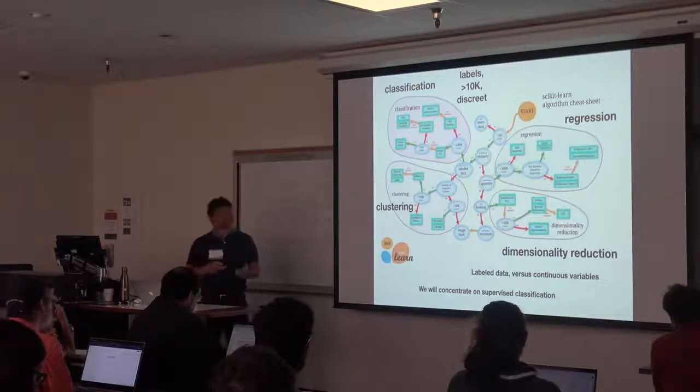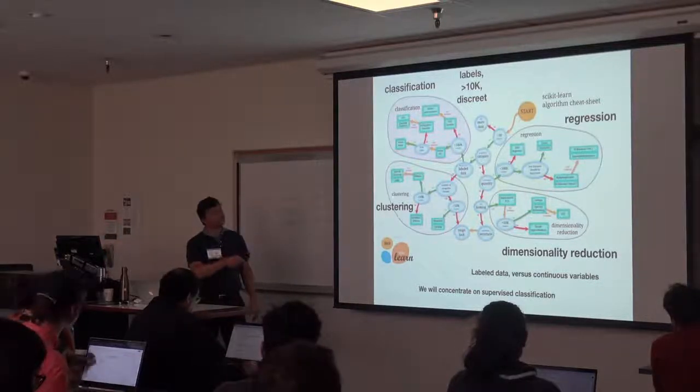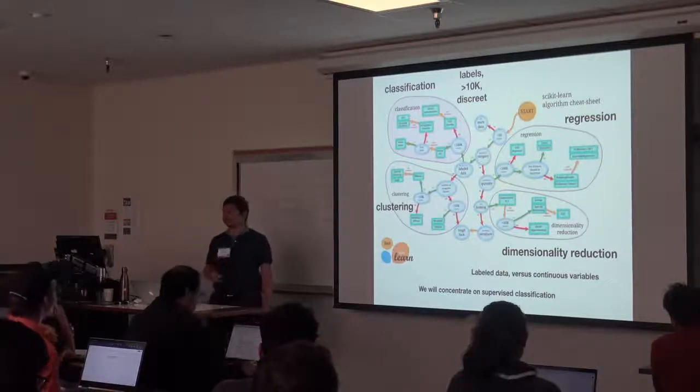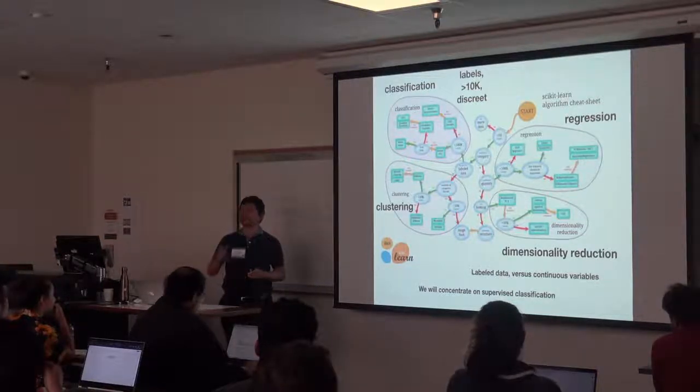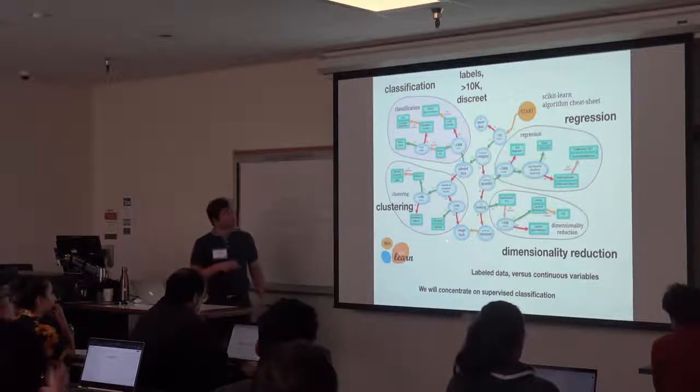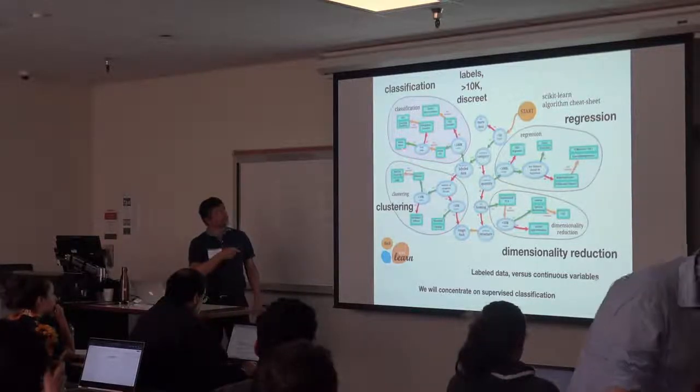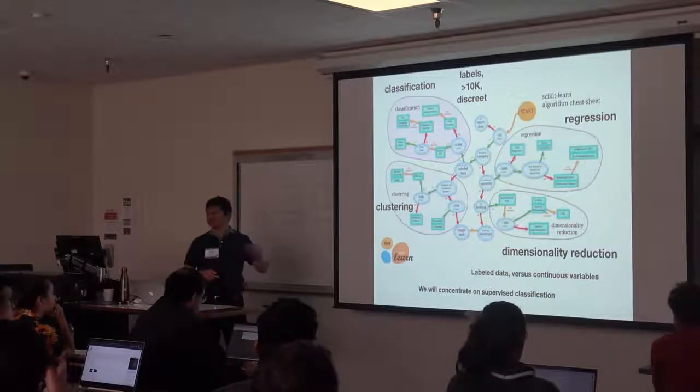If you don't have labels, then you go into clustering. You do unsupervised machine learning, because you don't know enough about the data. You know that it's likely that there are many different types in them, and you try to get to those. Whereas if you do have labels, then you try to do classification, and these would be categorical labels.